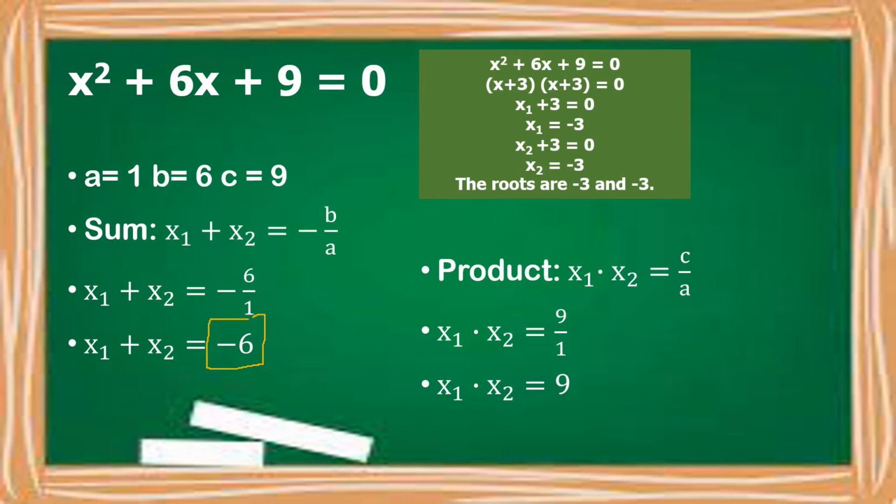Now, for the product, we have negative 3 times negative 3. Negative 3 times negative 3 is 9. So it means we got the correct answer.